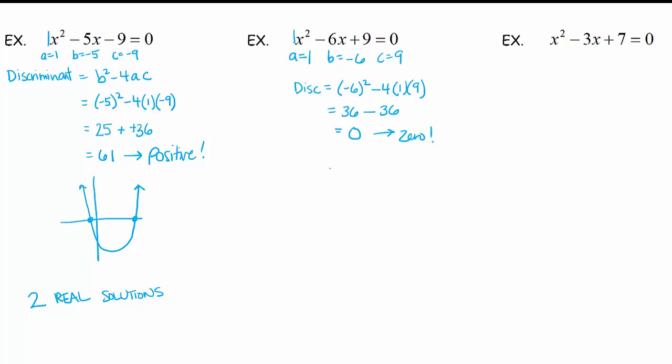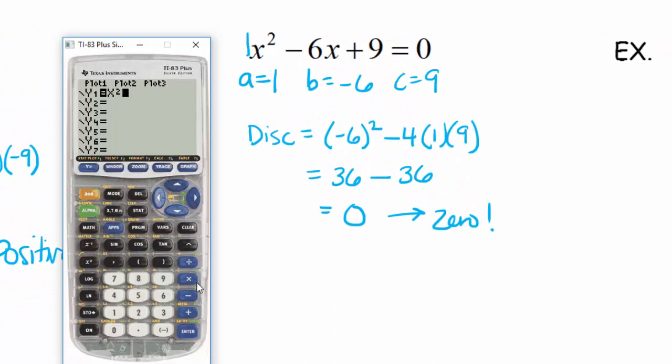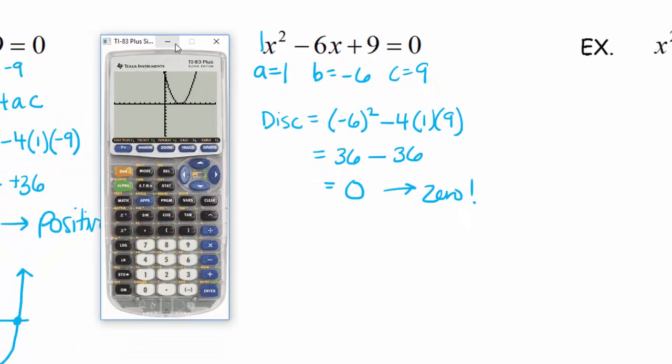Let's look at what happens when we graph that one. Let's type that in. X squared minus 6x plus 9. Ooh, we have a parabola, and its vertex is on the x-axis.